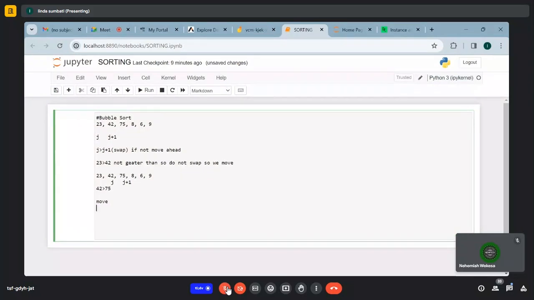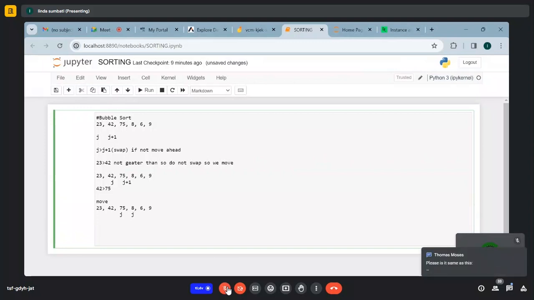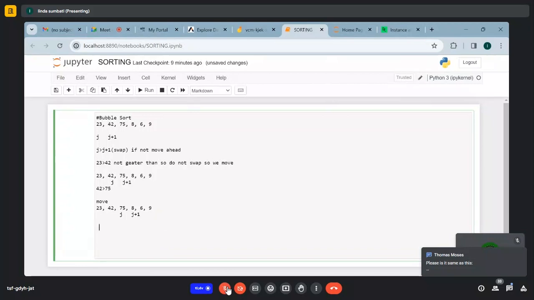If you get stuck, please just ask me, I'll explain again. You are not swapping it. Then 75, 8, then 6, then 9. You go ahead. So our J will be at 75, then our J plus 1 will be at 8. Then you do the same. You ask yourself, is 75 greater than 8?